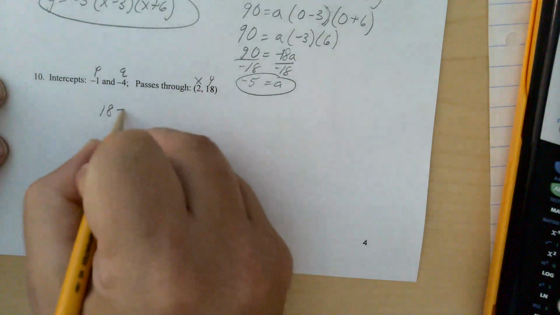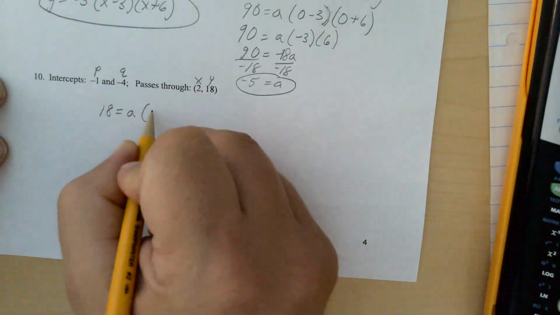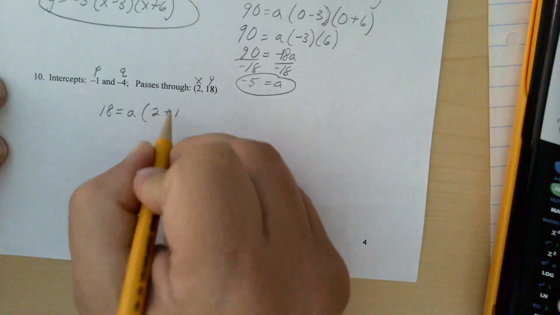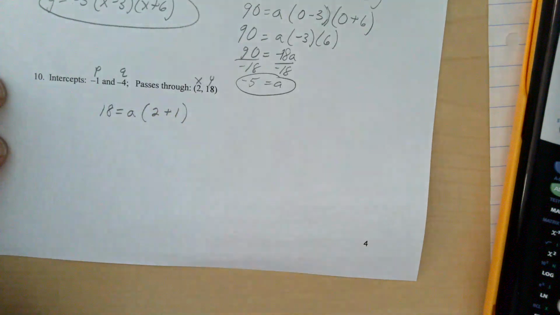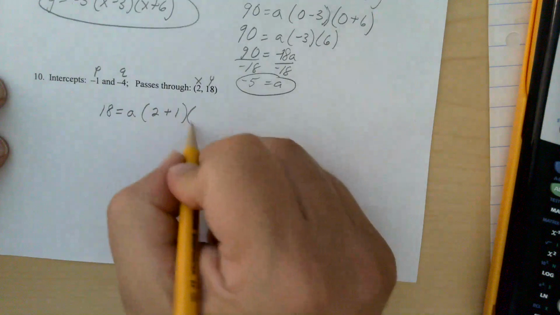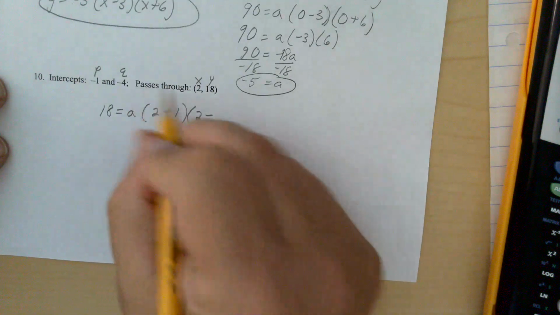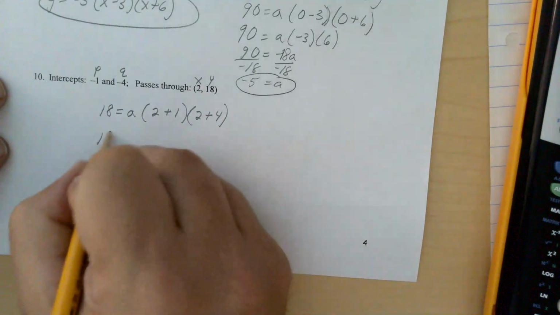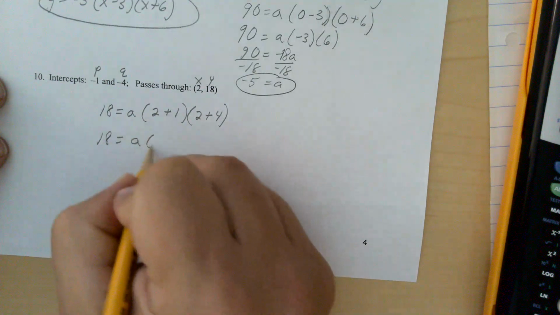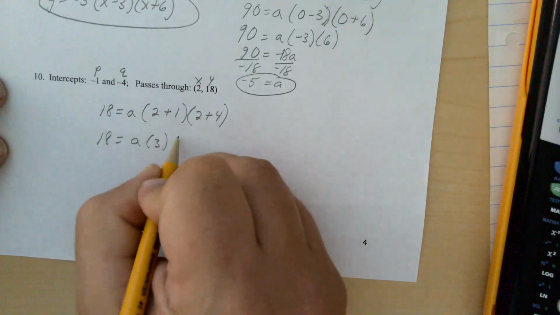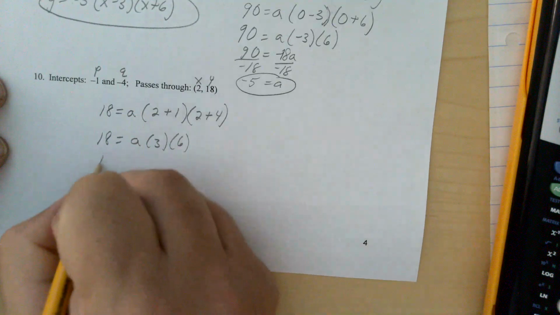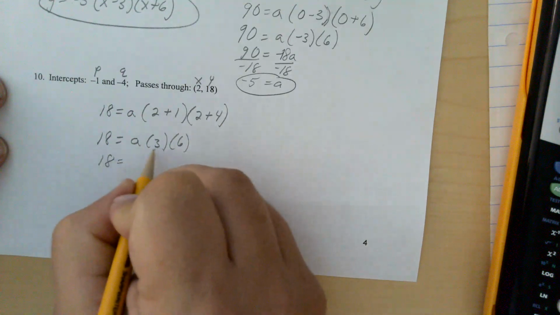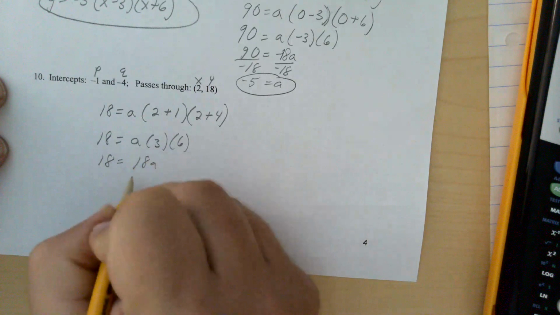Okay, so this time it's 18 equals a times my x minus -1. So I'm going to put +1. And I'm going to have my x minus -4. So I'm going to say +4. And I'm going to calculate this. So it's a times 3 times 6. 18 equals 18a.